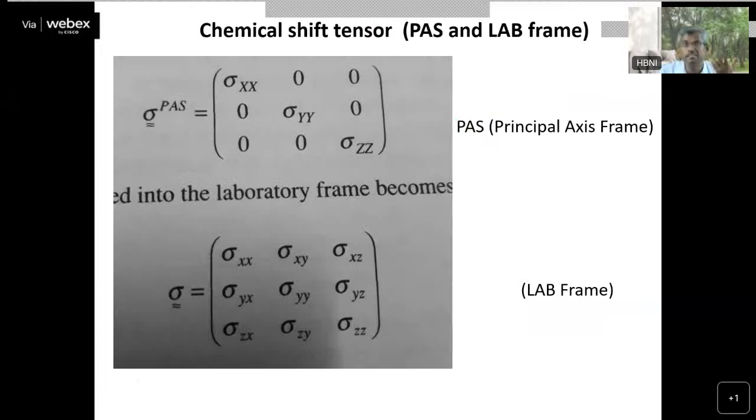Same as I discussed in the case of the dipole-dipole tensor, we have a diagonal tensor and a non-diagonal tensor. Sometimes people call sigma xx, sigma yy, sigma zz as sigma 1, sigma 2, sigma 3. These can also be averaged to get the sigma isotropic value. So this is the principal axis system, and this is the lab frame. You can make the same analogy with the dipole-dipole interactions.